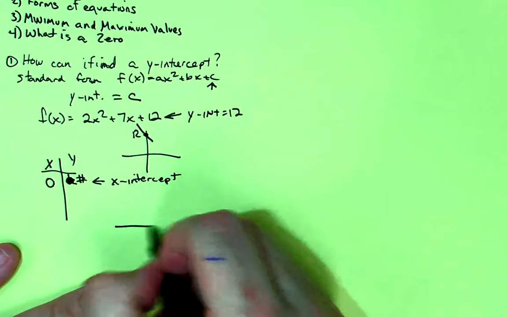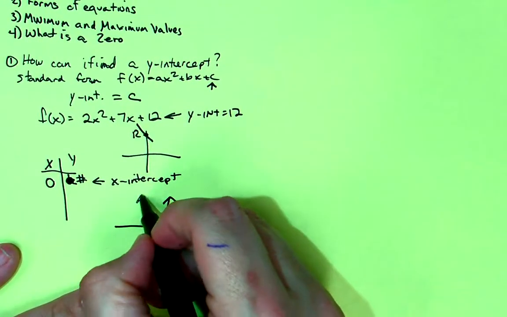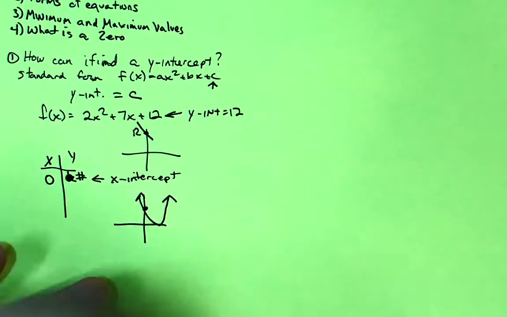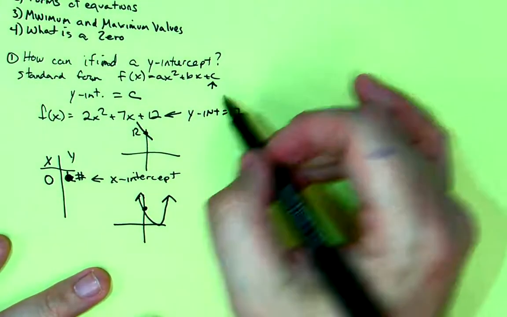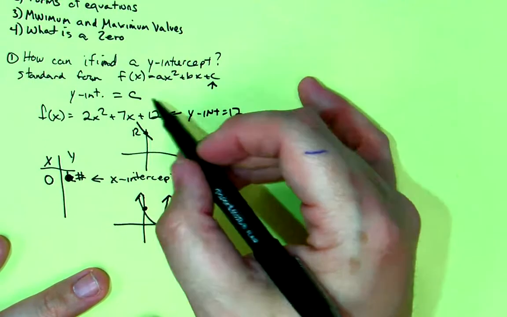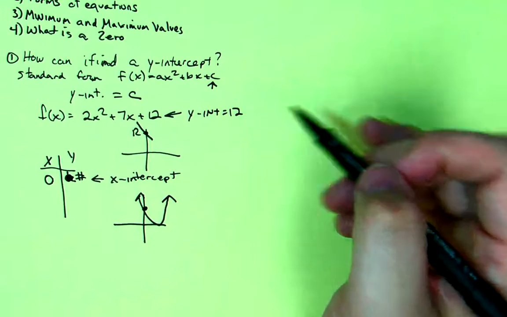If you're on the graph, you can actually use the functions of the graph to find the y-intercept. But if you're in standard form, c is your value, and you're in good shape at that point.